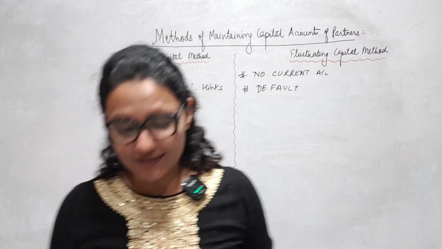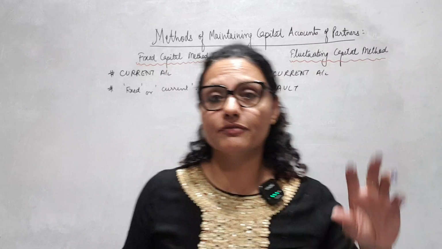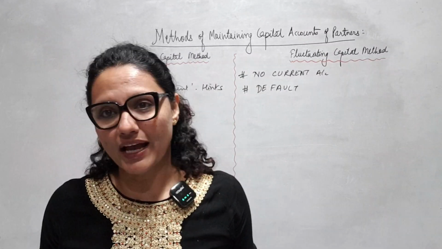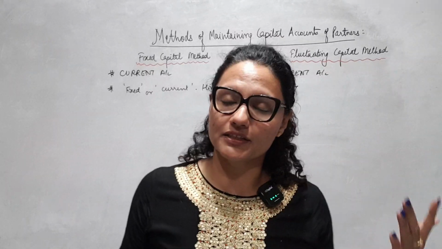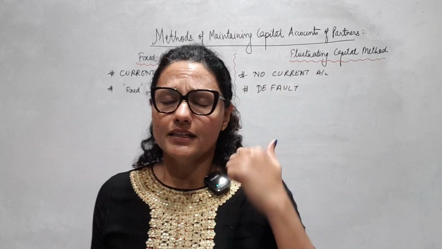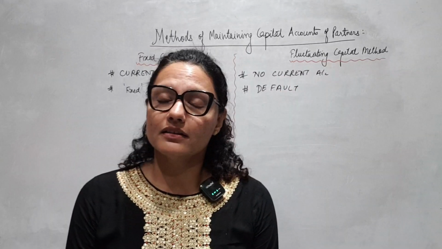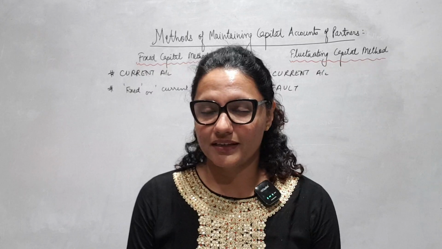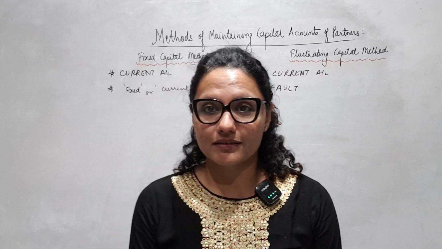Alright. So let's take a few examples. We have already done a few entries, adjusting and closing entries. Now let's see how it varies under fixed capital and fluctuating. Sometimes you'll just be asked one question. Give the adjusting entry for interest on capital to partners under fixed capital method. It's specified which capital method. Okay, so what is the adjusting entry?